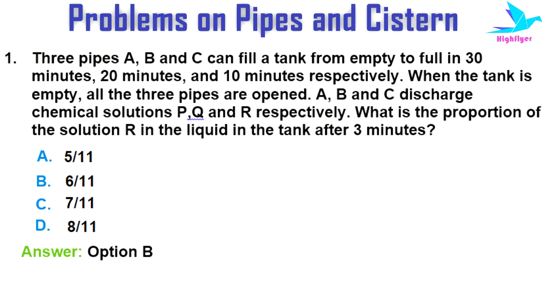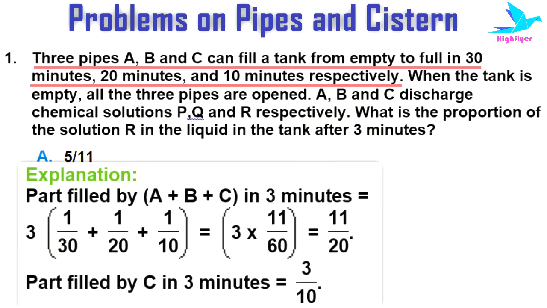Let's see how. Now as given that A, B and C can fill the tank in 30, 20 and 10 minutes respectively, then in 3 minutes the part filled by A, B and C combined will be 3 into (1 by 30 plus 1 by 20 plus 1 by 10). That is equal to 3 into 11 by 60 equals 11 by 20.